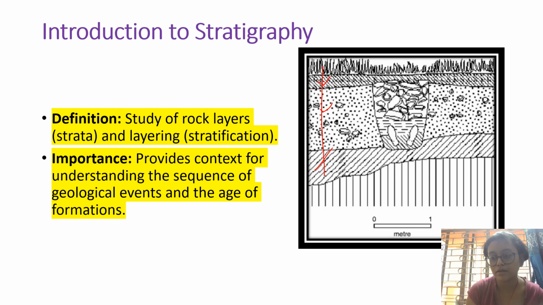When an archaeologist does the exploration and then decides to dig, what they try to observe after digging this area is the formation of the soils and what it indicates.